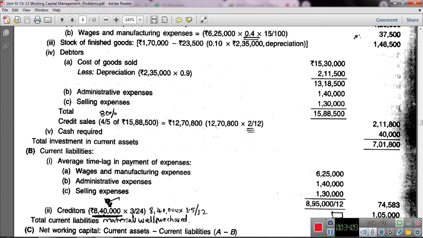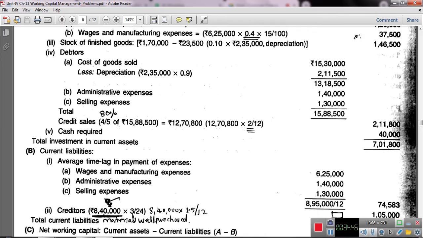So credit sales are 80% of 15,88,500. 80 divided by 100 into 15,88,500, or 4 divided by 5 into 15,88,500, is equal to 12,70,800 rupees, the 80% credit sales. This amount is nothing but the total number of units sold into sales cost per unit.